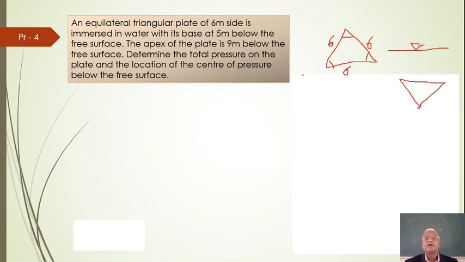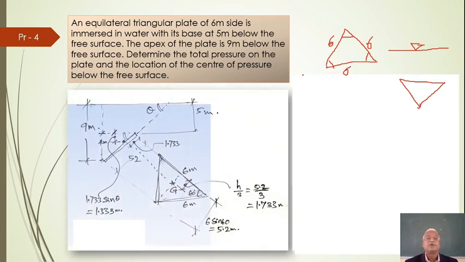Now here, it is like this. You can just see here, this is the plate. The plate is inclined, the plane is inclined at an angle theta, we don't know, but what the data given is, this top edge is 5 meters below and the bottom edge or apex is 9 meters below.